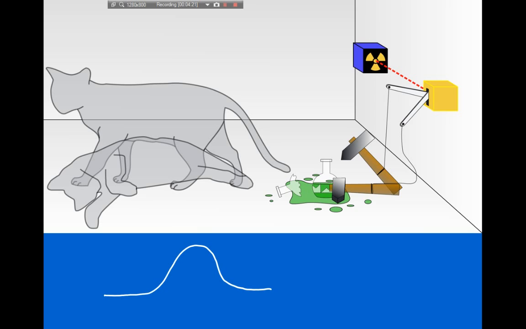And Schrödinger said, well, this is just completely ridiculous. So this idea of macroscopic quantum mechanical superpositions is just completely ridiculous.